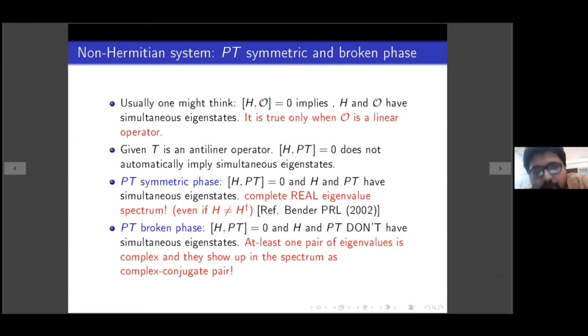When H commutes with PT but H and PT don't have simultaneous eigenstates, at least one pair of eigenvalues will be complex, and they show up in the spectrum as complex conjugate pairs. This is what happens in a PT invariant system: depending on the condition, you either have a PT symmetric phase or a PT broken phase.